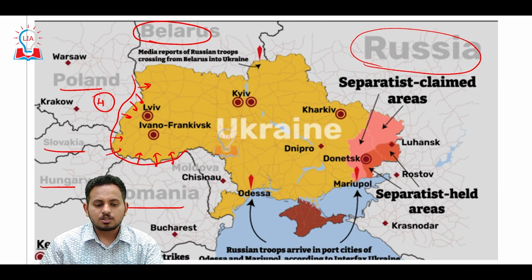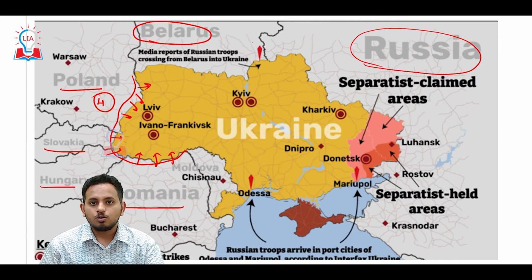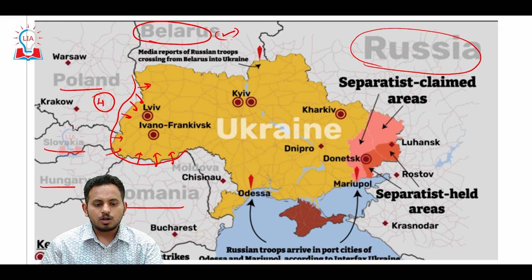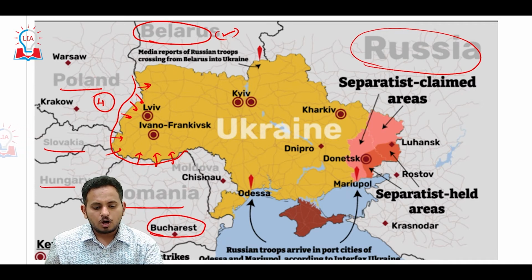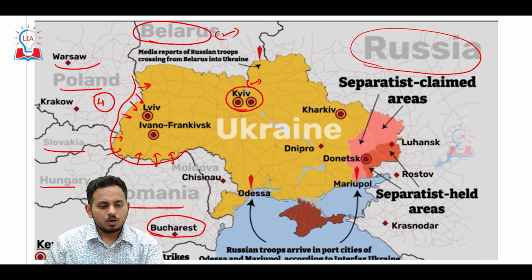UPSC might ask you the bordering countries of Ukraine in the prelims examination. Because of the high tensions between Russia and Ukraine, this entire region of Eastern Europe, or Central Europe for that matter, becomes very important. So make sure you are aware of the bordering countries and their capitals. For example, you have Bucharest here, which is the capital of Romania, and you have Kiev here, the capital of Ukraine, and Warsaw in Poland.